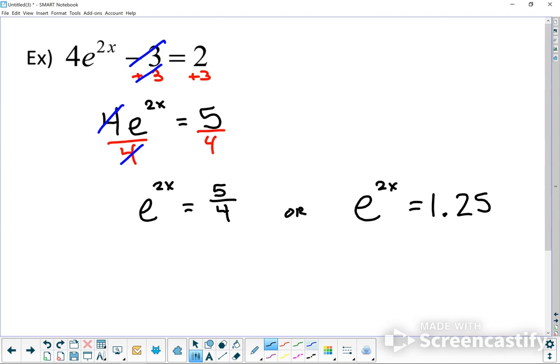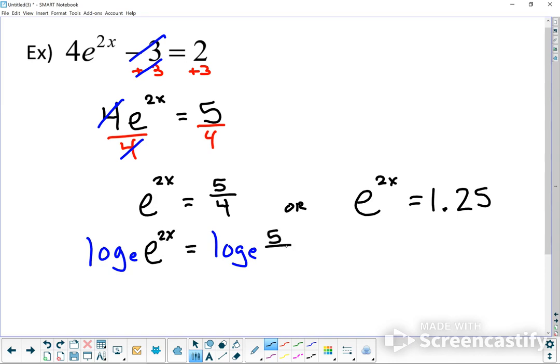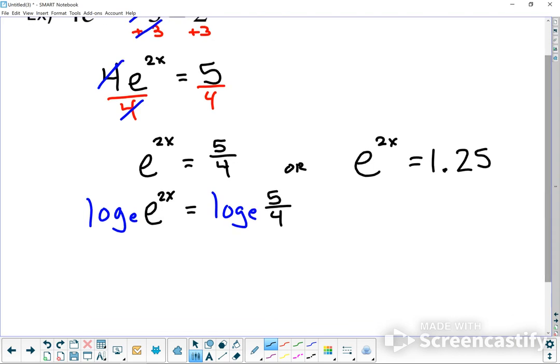Now, look at this. We have an exponential base e, which means we're going to have to do a log base e on both sides. Log base e of e to the 2x and log base e of 5/4, or you could do log base e of 1.25. Either way is fine. I'm only going to work with a fraction, but you can see how it's going to work out with the decimal.